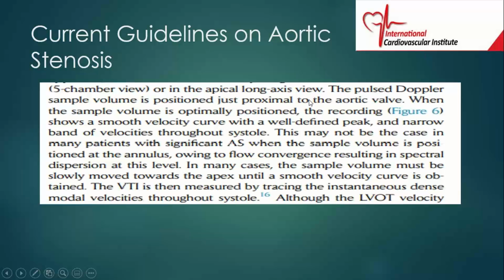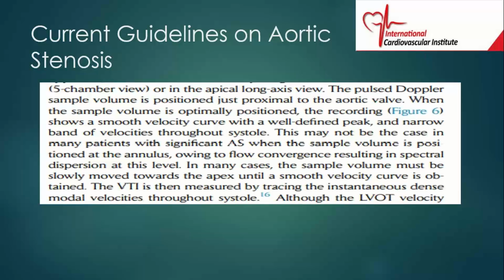So if we're going to do our LVOT VTI, the pulse Doppler sample volume is positioned just proximal to the aortic valve. When the sample volume is optimally positioned, the recording shows a smooth velocity curve with a well-defined peak and narrow band. You don't want to be too close to the aortic valve because you're going to get turbulence, and turbulence is going to falsely increase your LVOT VTI.